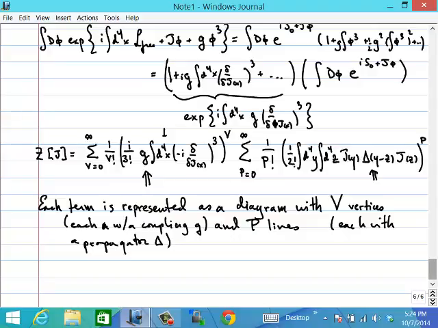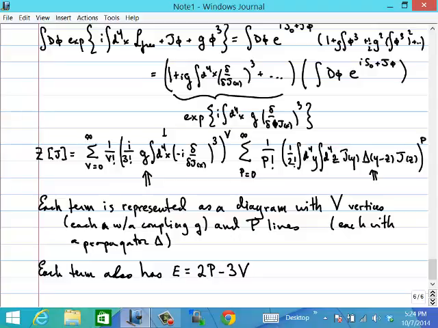And each of these diagrams will also have some number of j's which describe external sources. So I'll label them by E. And so the number of j's will be 2p minus 3v.